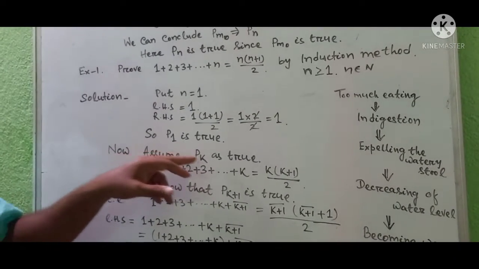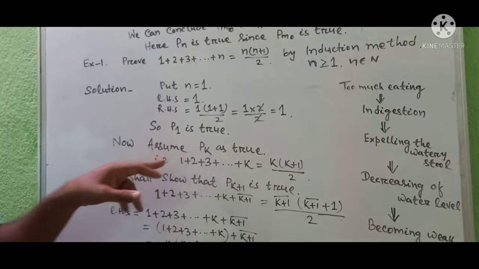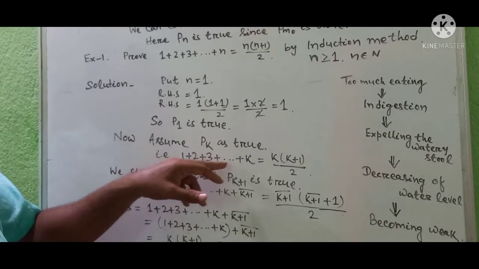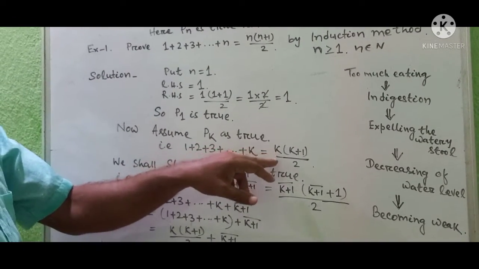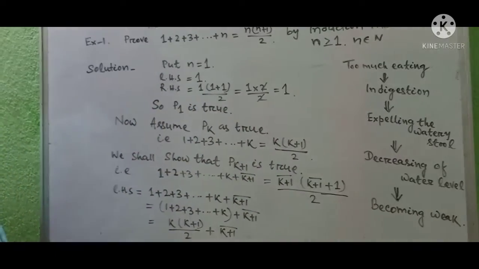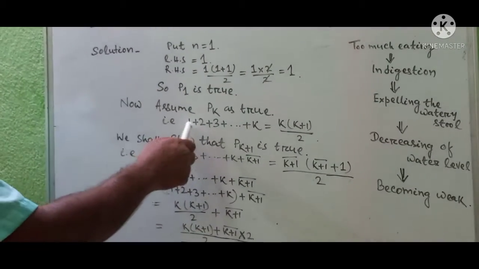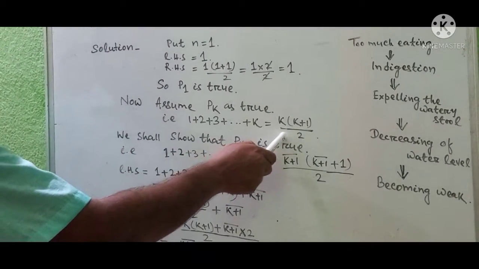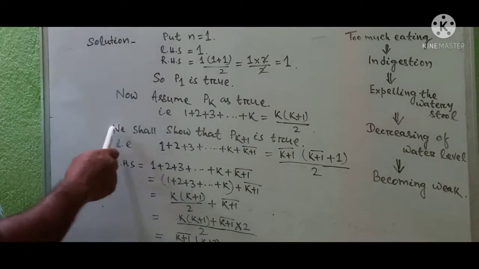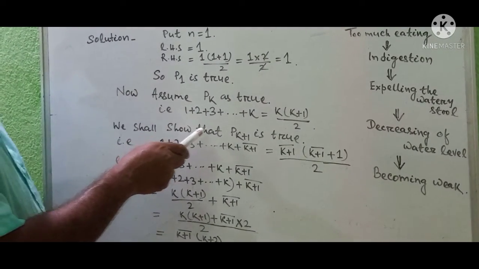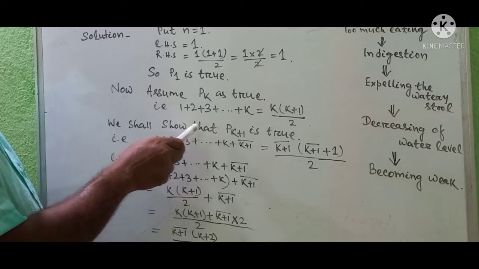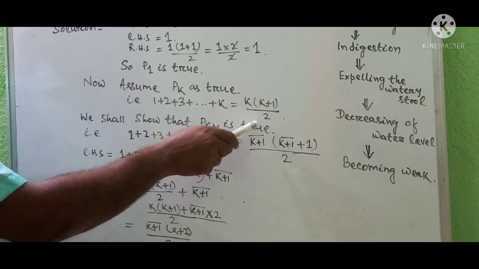Now assume Pk is true, that is 1+2+3+...+k = k(k+1)/2. Taking this as true, we shall show that Pk+1 is true.